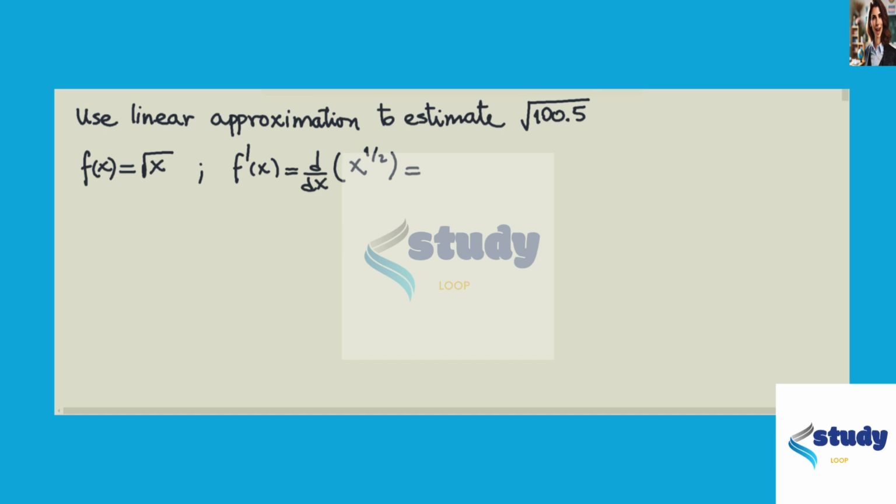We know this derivative is 1/2 times x to the 1/2 minus 1. And it ends here because there is no more calculation to do, because we have the base, the variable x only. That is, we don't need to apply the chain rule.